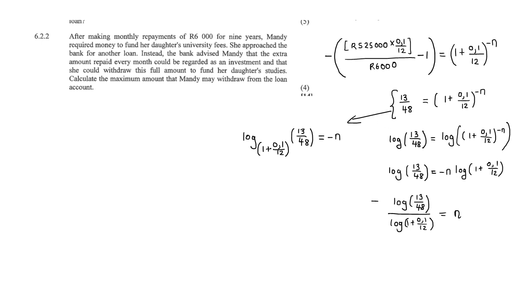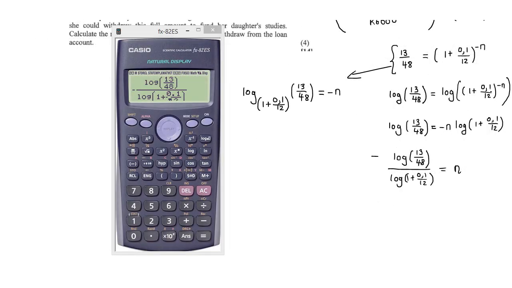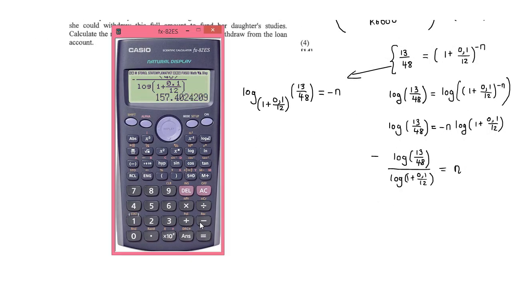So that's changing into log form, and this is logging both sides. This works out to be 157 payments, 0.402 something, something, something.